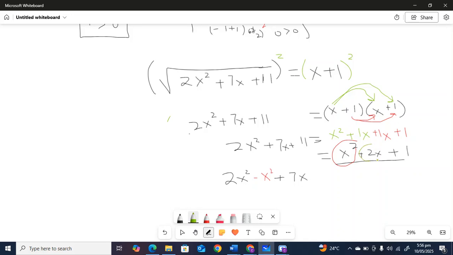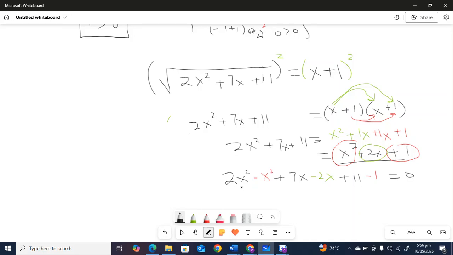Then this plus 2x, when it comes, this side becomes minus 2x because we're grouping like terms together, plus 11. Then this one from there becomes minus 1, equal 0.